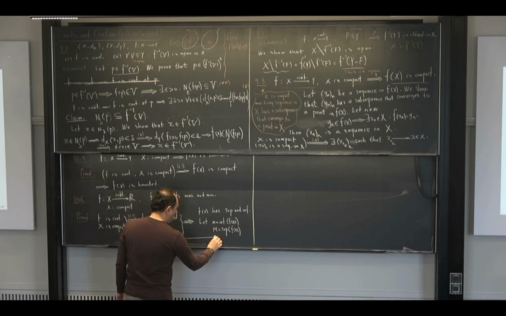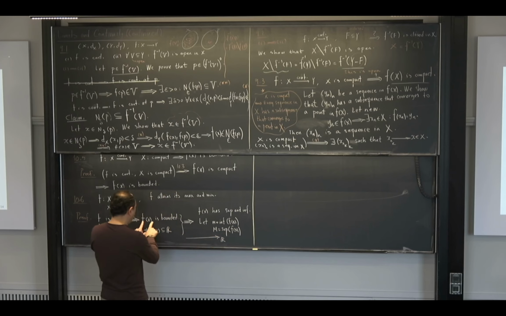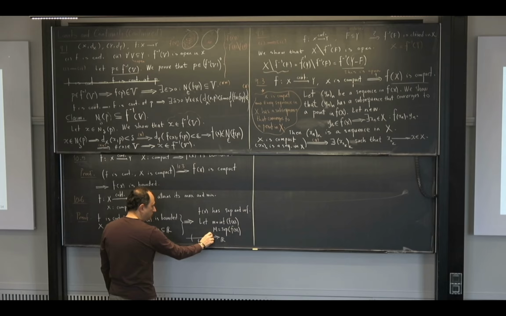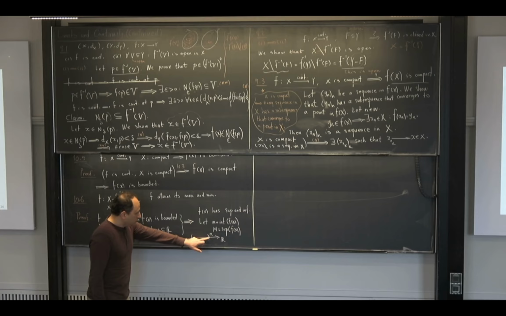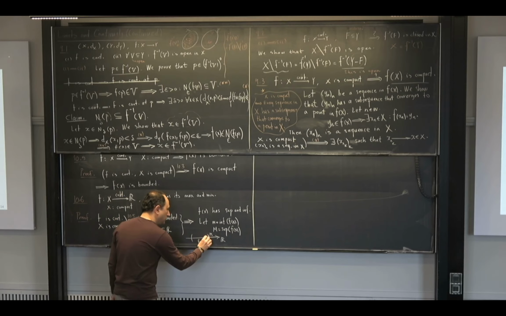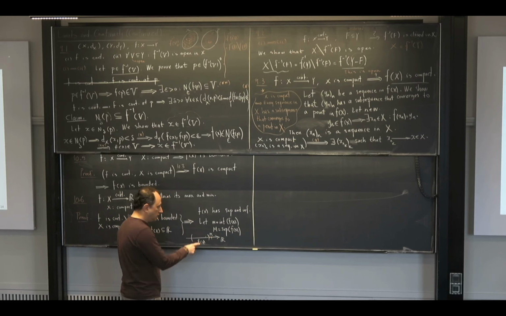If this is R, f(X) is a bounded subset of R, somewhere here. This is your f(X), and this is your supremum. Do you agree that this supremum is a limit point for f(X)? Because any neighborhood around it will contain an element from my set.